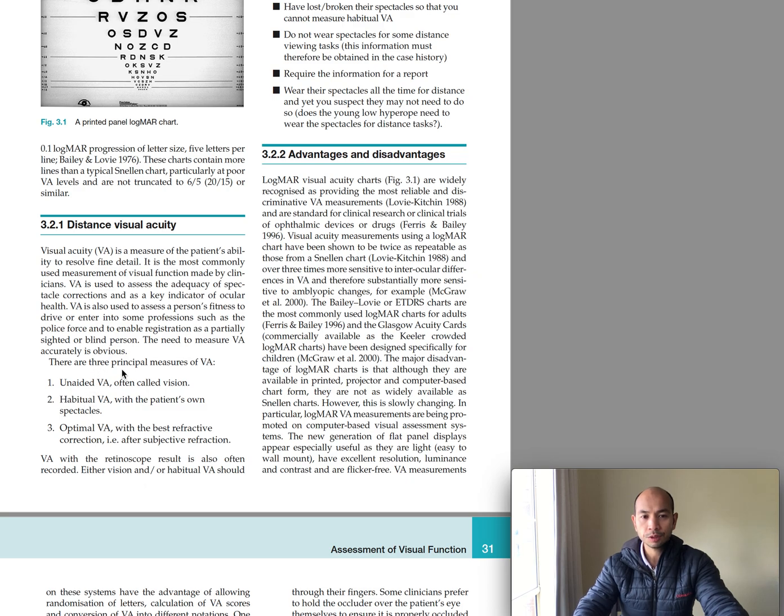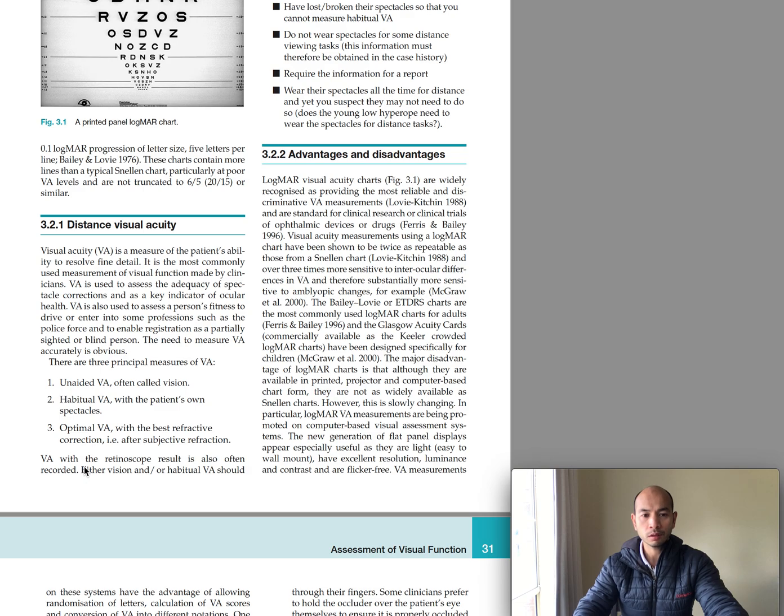So there are three principal measures of VA. One is the unaided VA, often called vision. Two, habitual VA with the patient's own spectacles. And three is optimal VA with the best refractive correction, that is, after subjective refraction.